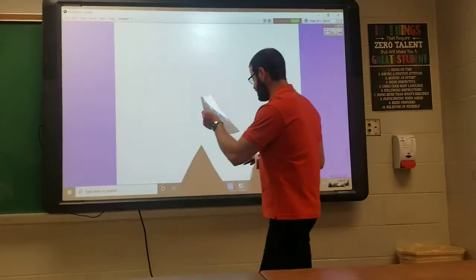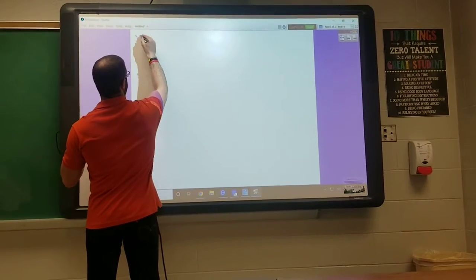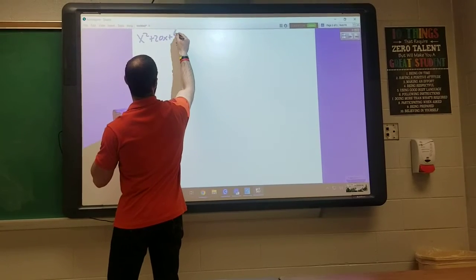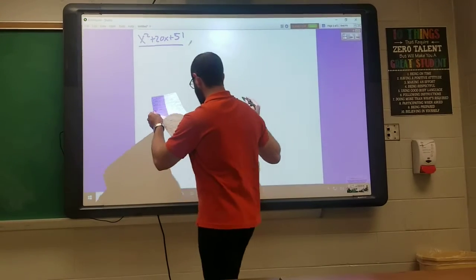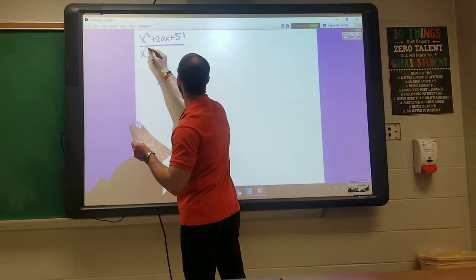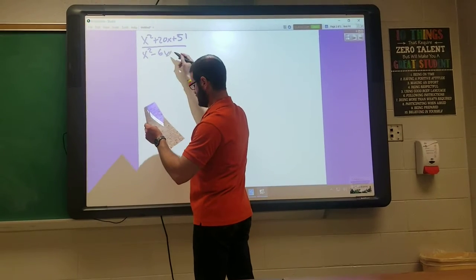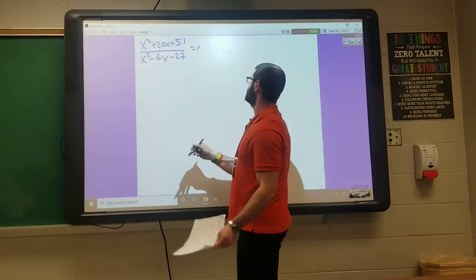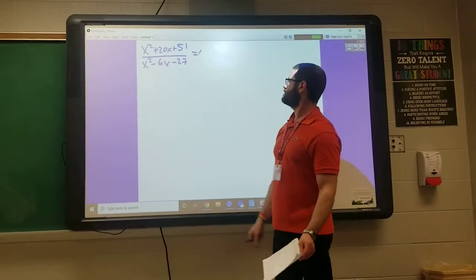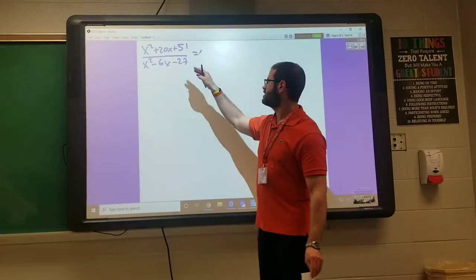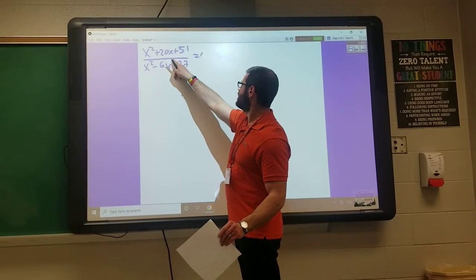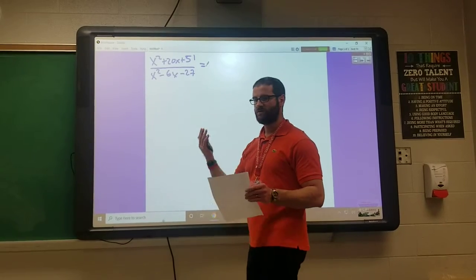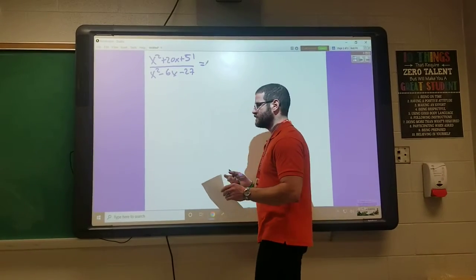And so I got x squared plus 20x plus 51. On the bottom, I have x squared minus 6x minus 27. And what we can see in both the top and the bottom, numerator and denominator, I need to factor. Right, so on the top I look for two numbers that add up to 20 and multiply to 51, so those are 17 and 3.